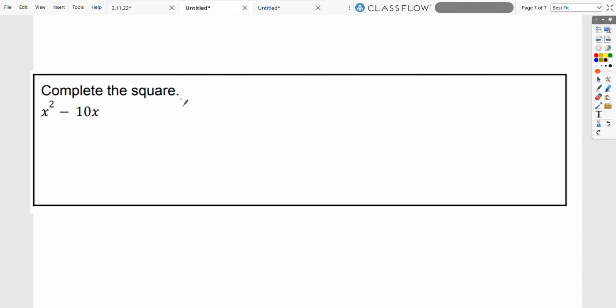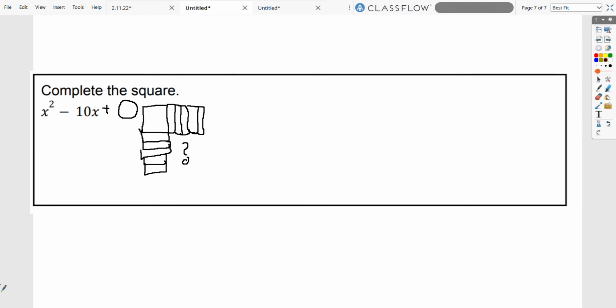Let's finish with one last example. We have x squared minus 10x. If we were going to show this visually, which we're not, it would have 5 on each side, which represents the 10 x's, and the number we're looking for is the number of squares in the corner.